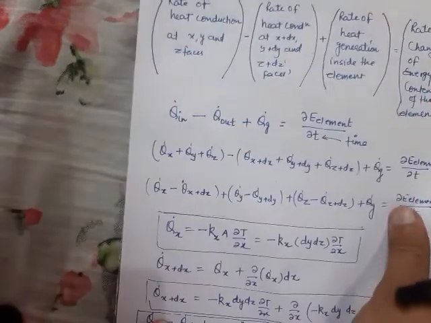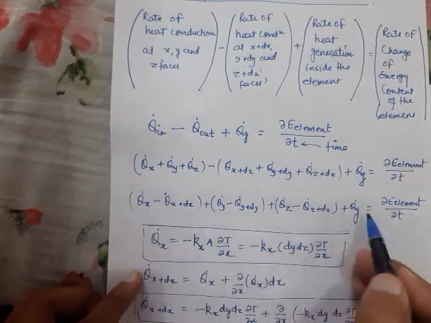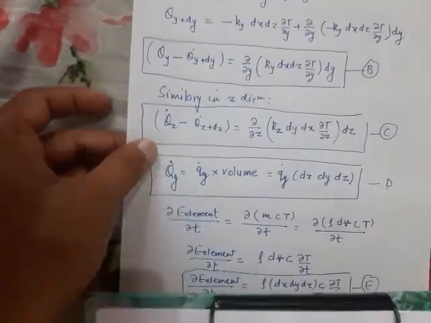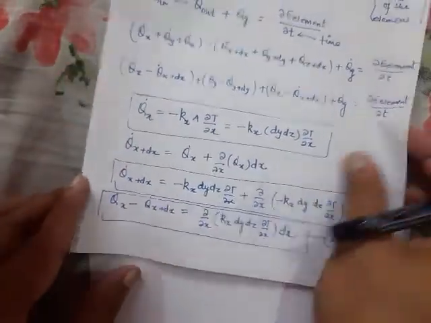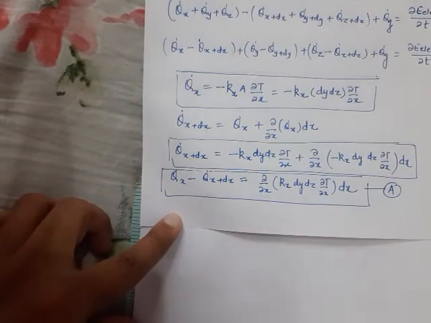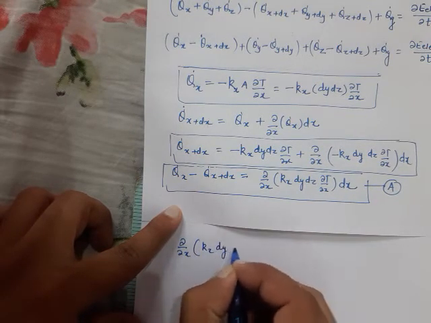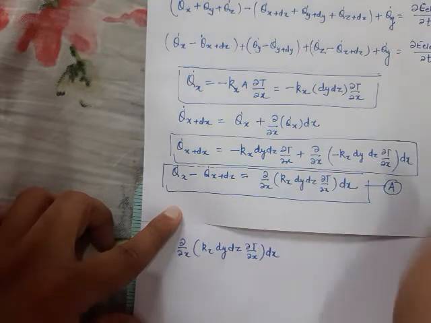Now please note, I have to go again to this equation and put the values. All the five expressions we have derived, I need to simply put the values. So I have the value of each and every term. qx minus qx plus dx is del upon del x of kx dy dz del T upon del x dx.